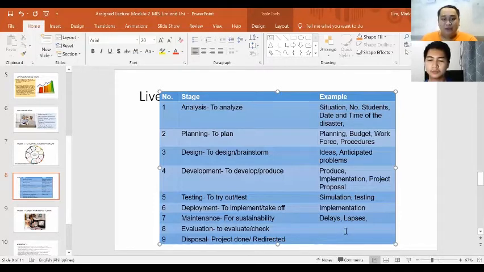In terms of evaluation, after all of the levels were reached, you need to reevaluate again the status of your procedure, the status of your product, so that you will arrive at a certain output that is reliable.